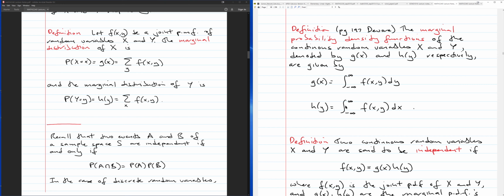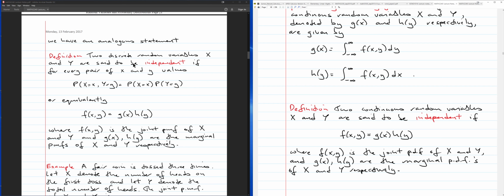In the discrete case, you do the summation over possible values of x. In the continuous case, for your joint PDF, the summation is an integration, so you integrate your joint PDF with respect to x between x values minus infinity to infinity.